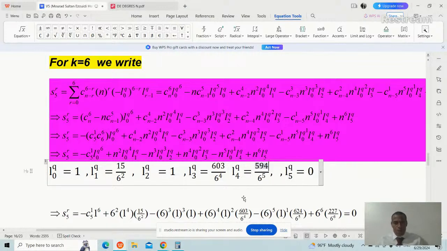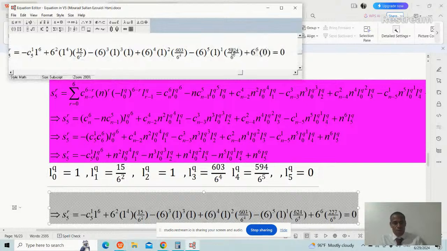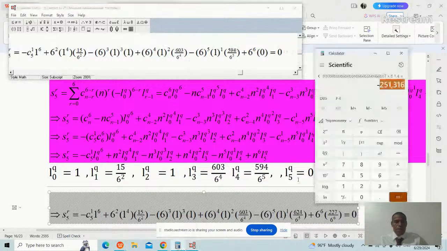Now, learners, I will just find the value of S5 and we finish it. This is 594. I will use my calculator to figure out the value of this one.